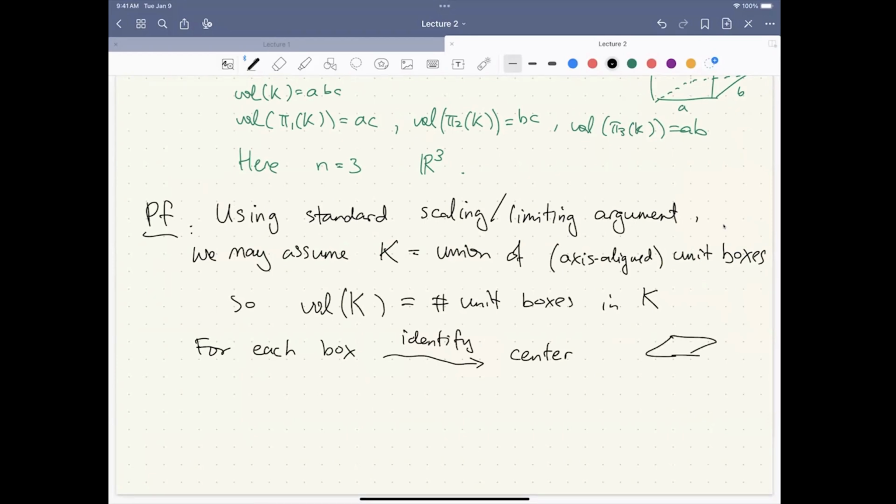In other words, you have your box, this is a unit box. You look at its center here. We think of the blue box, the unit box, as the red center. They are the same. 1-to-1 correspondence.